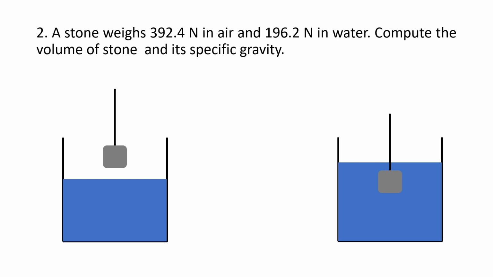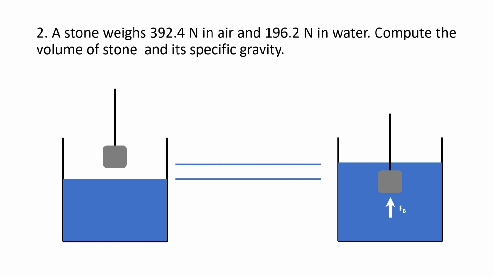This weight is decreasing because an upthrust, that is a buoyant force, is acting on this block. Now we have to compute the volume of the stone and find the specific gravity of the stone.